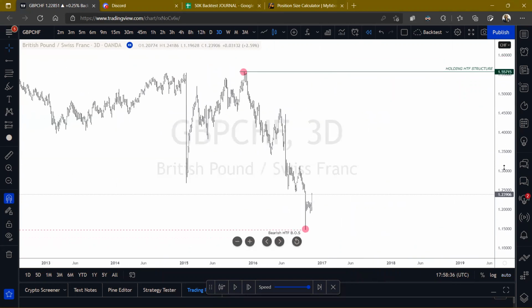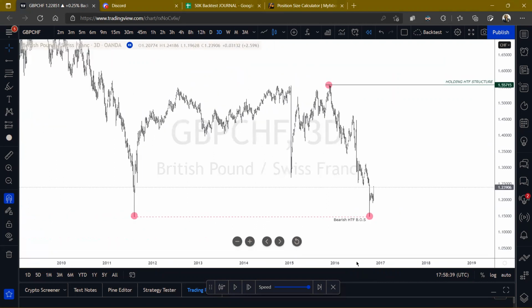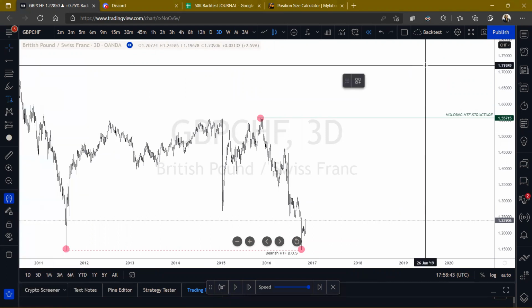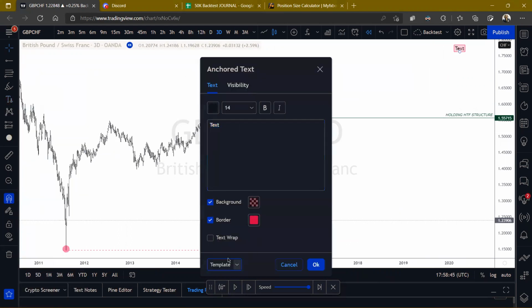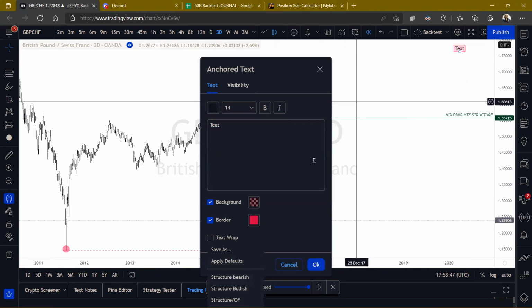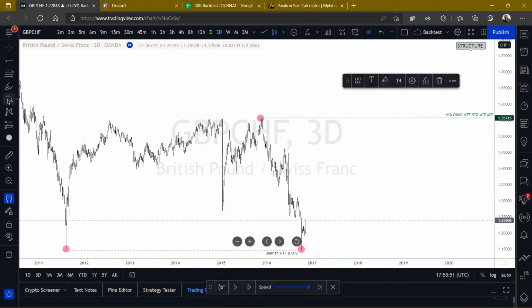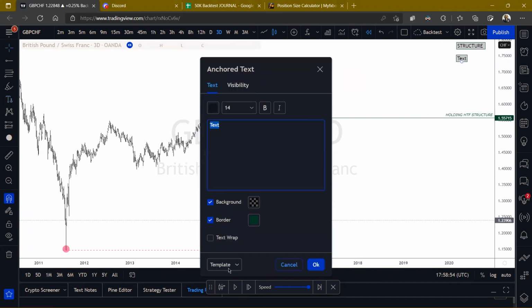So far we know high time frame is bearish.